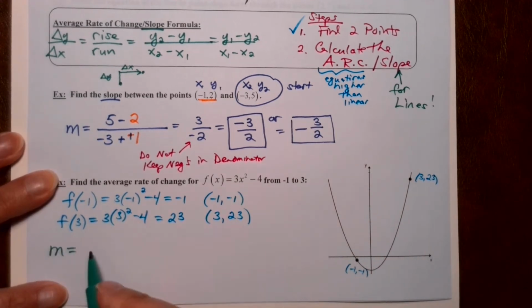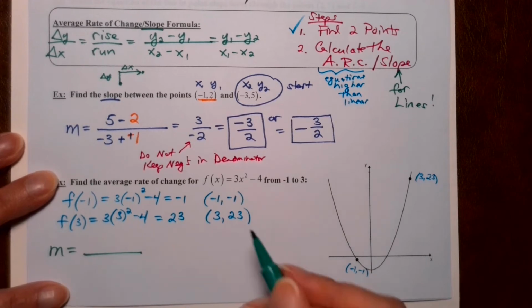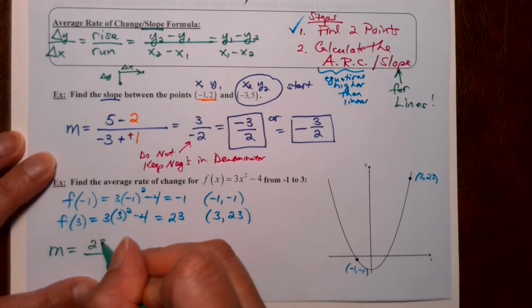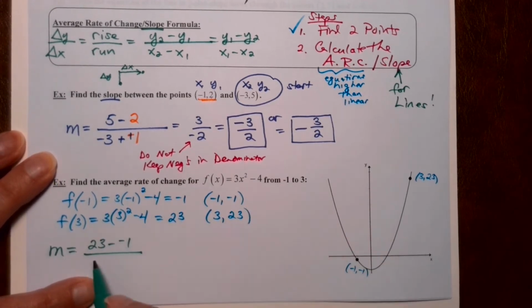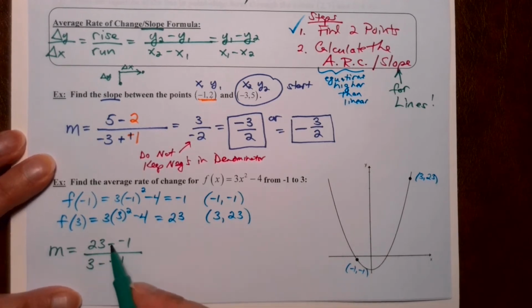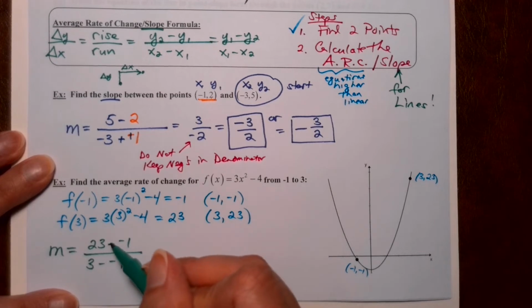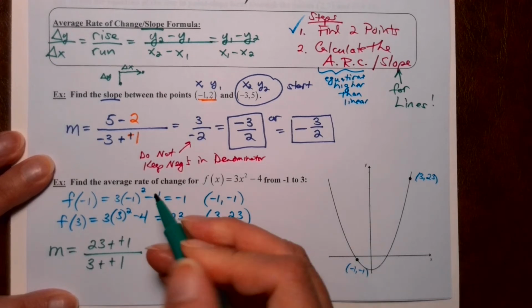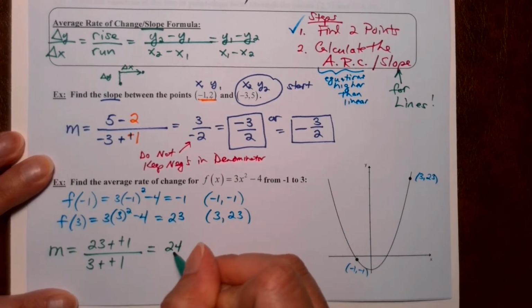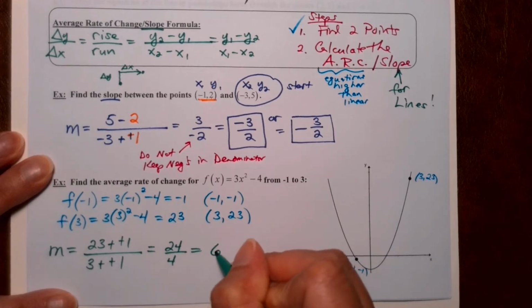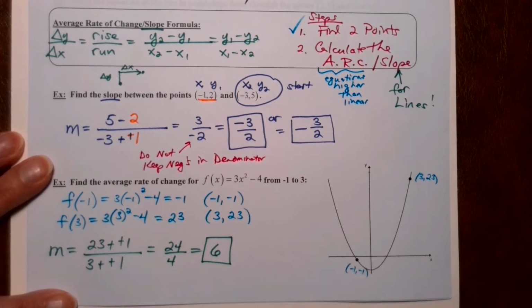Y minus y. I'm going to start with the big number, 23 minus negative 1. Change in x, x minus x. A minus and a minus make a positive. And so we have 24 divided by 4, which makes a slope of 6.